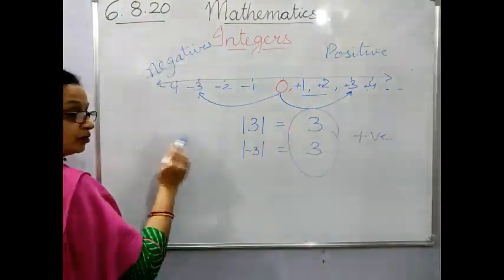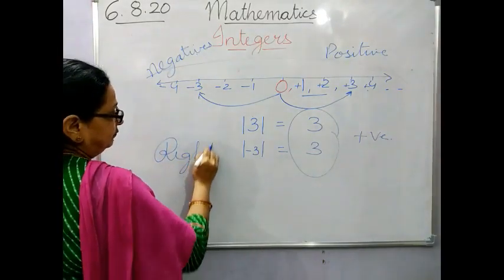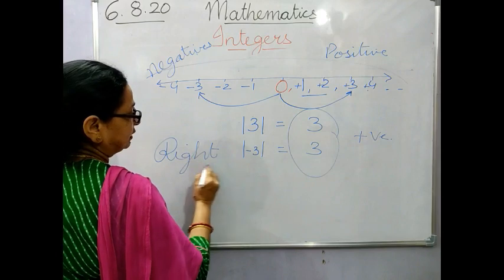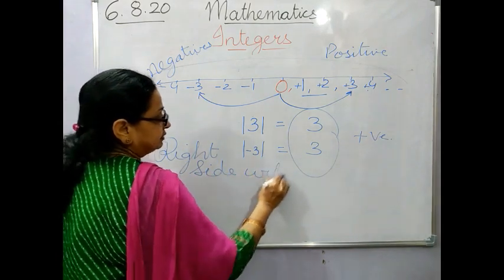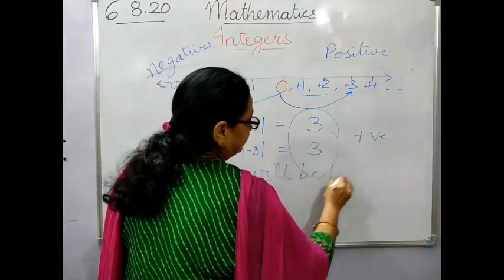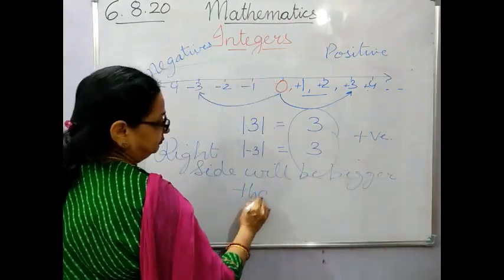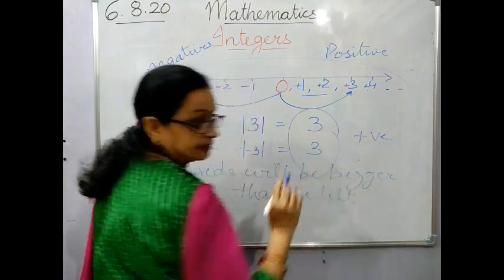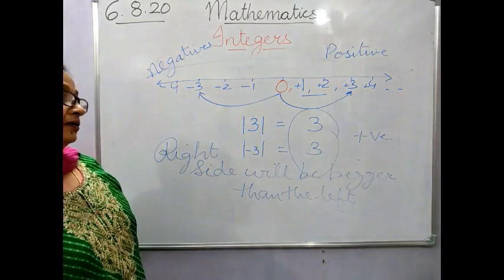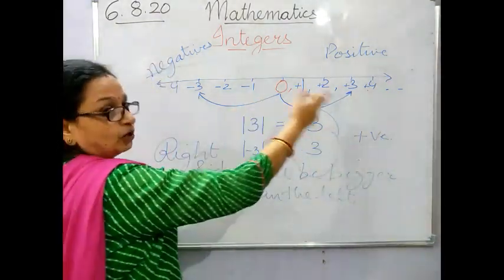That means out of the 2 numbers, the number which is on the right side will be bigger or greater than the left one. This is the rule. The number which is on the right side of the other number will always be greater.